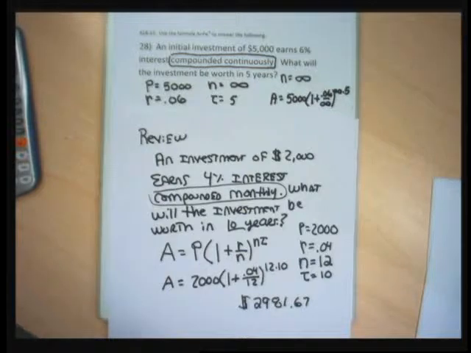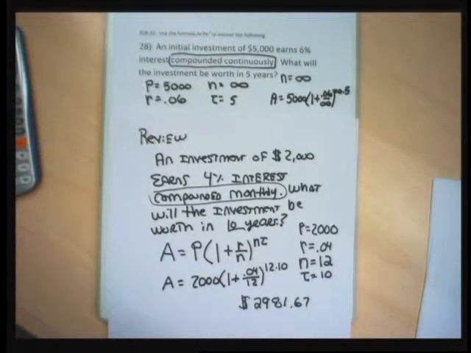If I tried to do that on my calculator, I couldn't because my calculator doesn't have an infinity button. The best I can do, like when I was playing around with E, is start putting large numbers in for infinity. The larger the number I choose for infinity, the closer my answer is going to be to the correct answer. So the best I can do with the formula that I have is guess and get an answer that's close, but maybe not accurate.